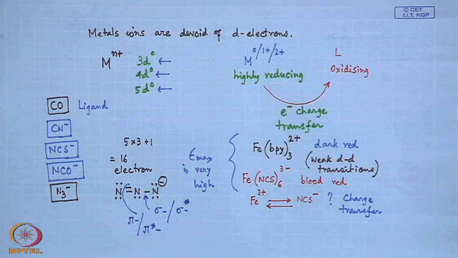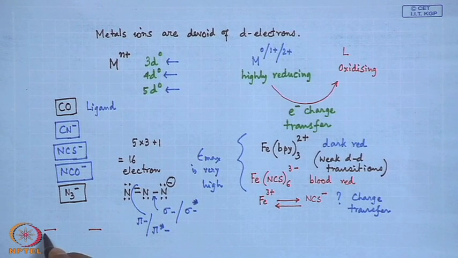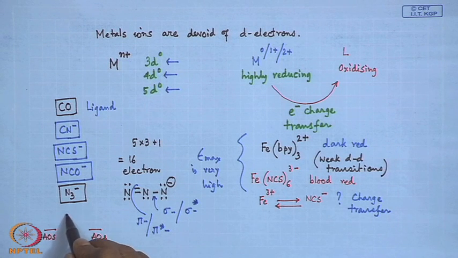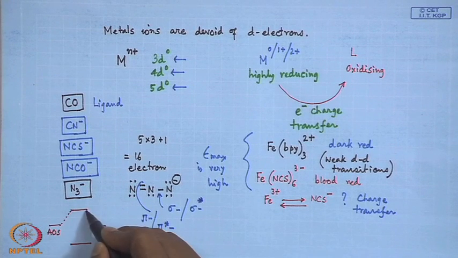Once a bonding level is formed, we can immediately have the corresponding anti-bonding level, as we can see in the molecular orbital picture, when these two atomic orbitals form molecular orbitals.